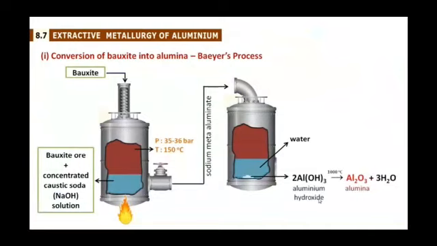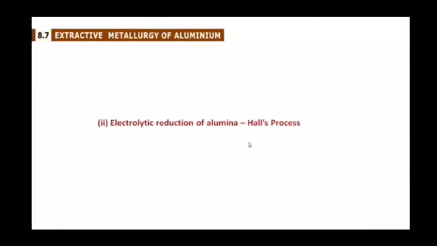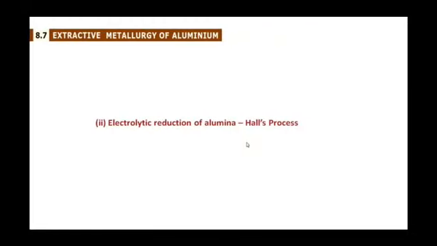This aluminium hydroxide precipitate, when heated at 1000 degrees Celsius, loses its water content and alumina, Al2O3, will be obtained. Step 2 is electrolytic reduction of alumina by Hall's process.